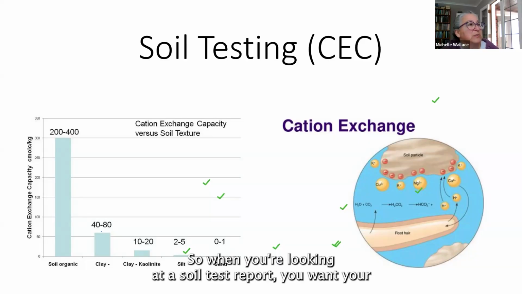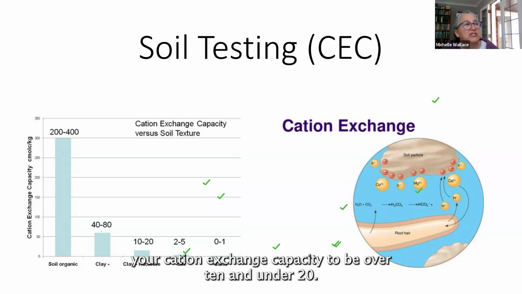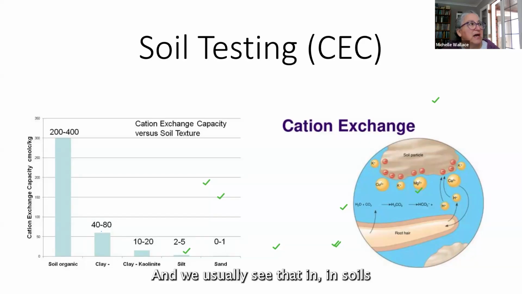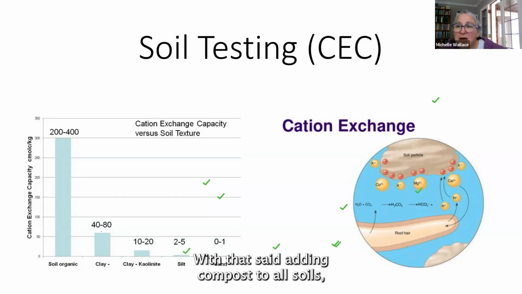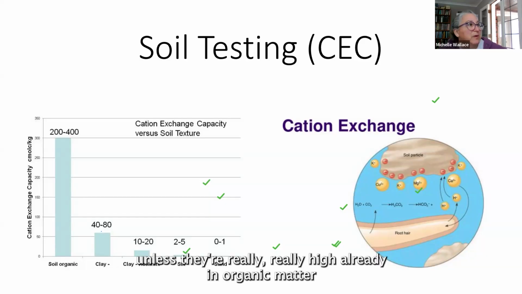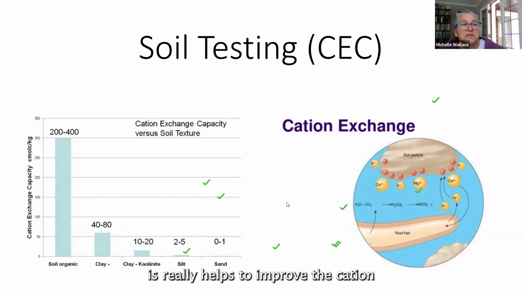So when you're looking at a soil test report, you want your cation exchange capacity to be over 10 and under 20. And we usually see that in soils that have clay and high organic matter. With that said, adding compost to all soils, unless they're really, really high already in organic matter, really helps to improve the cation exchange capacity.